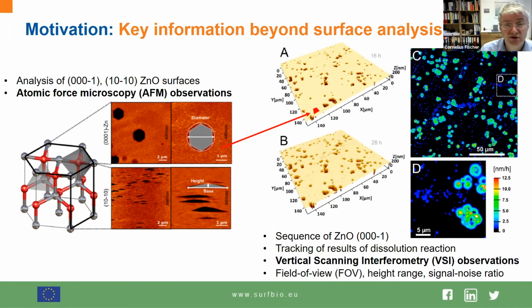If you look carefully, you'll see tiny little changes when you compare B and A. Because of the beautiful signal-to-noise ratio, you can utilize this kind of data set to analyze with very high precision what happened in between these reaction periods. That's shown on the right side, where we have surface difference maps that identify the heterogeneity of surface reactivity.